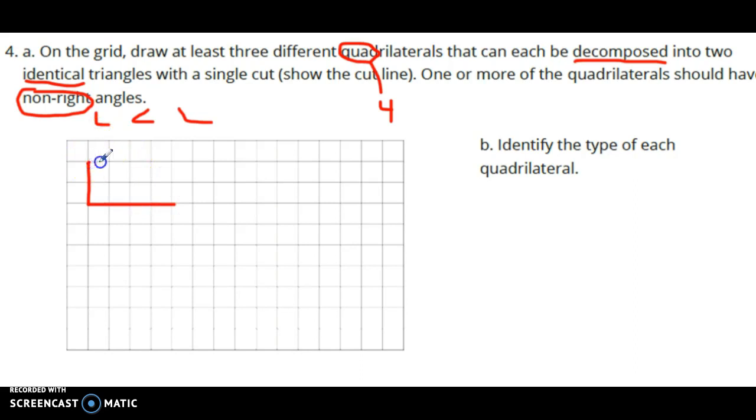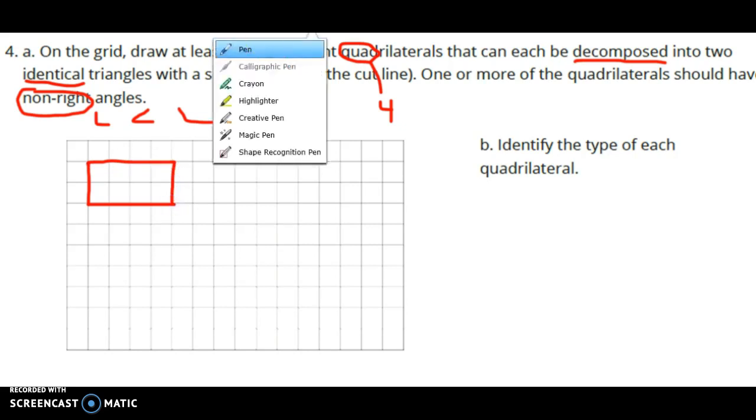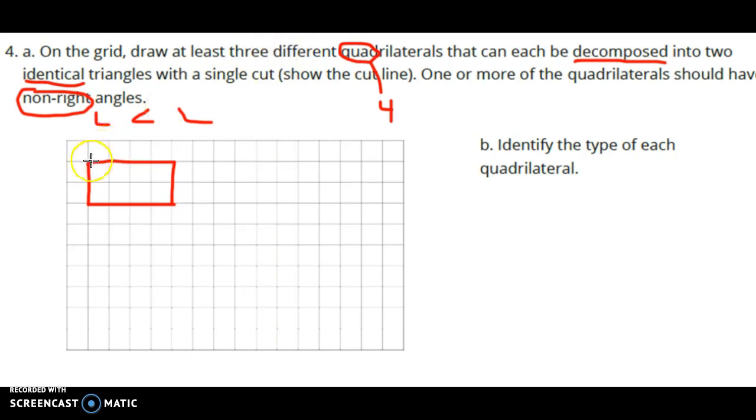I know that I can split this into two identical triangles by drawing a cut line in the middle. So here's my cut line. And I know that the area of each of these triangles is half the area of my quadrilateral. I also want to draw in my base and my height. So my base here is 4. My height is 2.